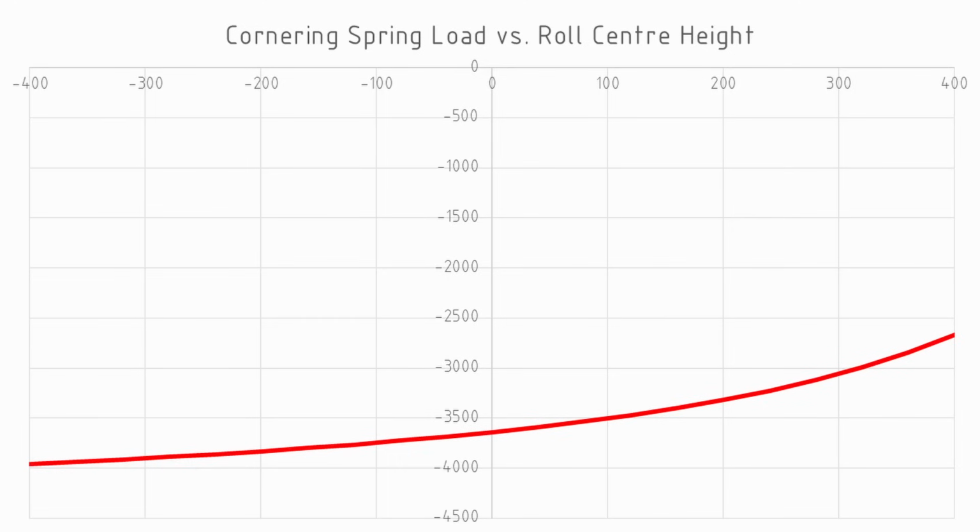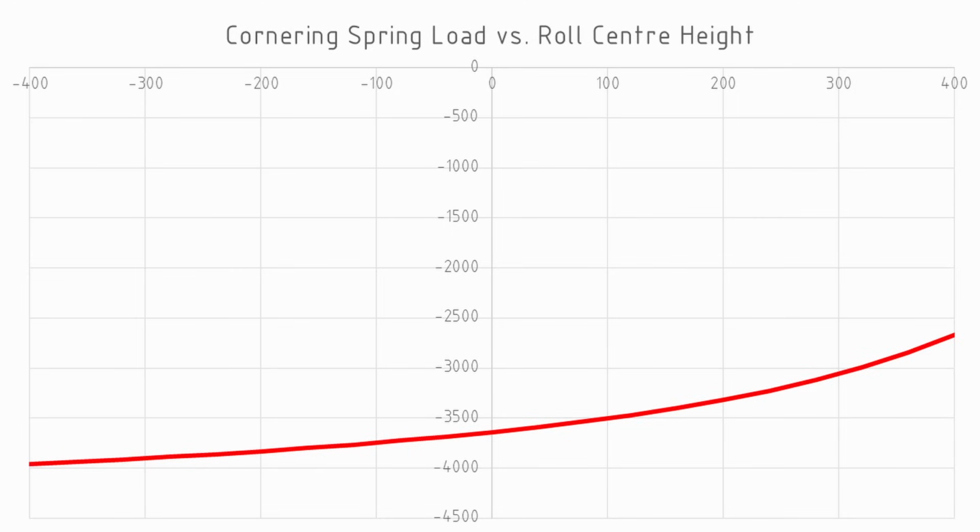And if we increase that roll center height, we can see a decrease in the amount of compressive load on that spring. And that's because the wishbones now are taking some of that vertical load. In practice, that's going to mean that the spring is going to compress less when you're going through roll than it otherwise would, which is going to act as an anti-roll effect.